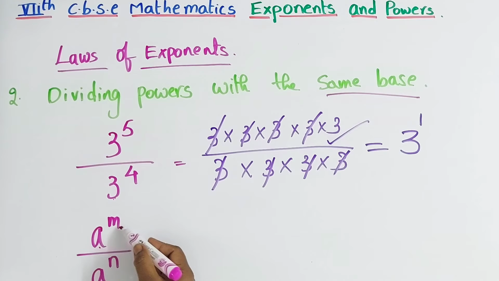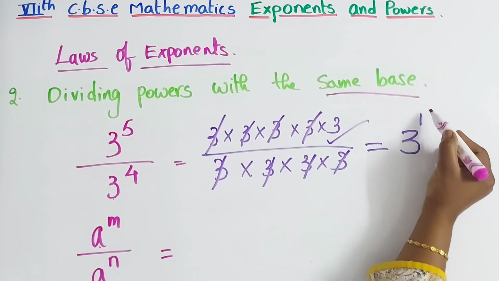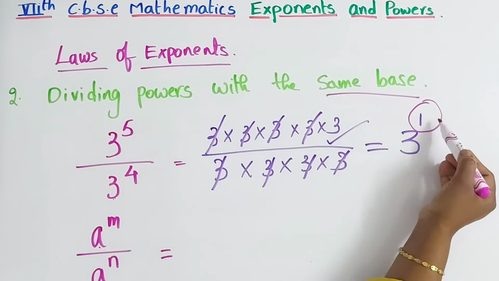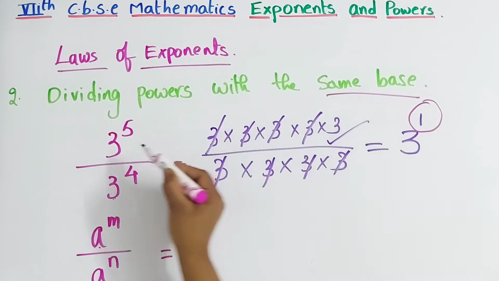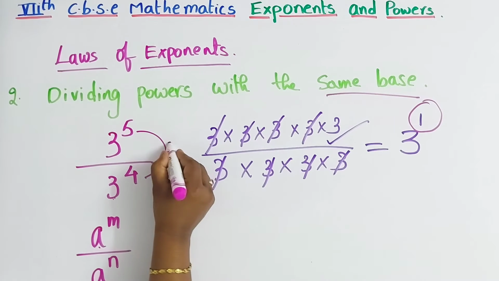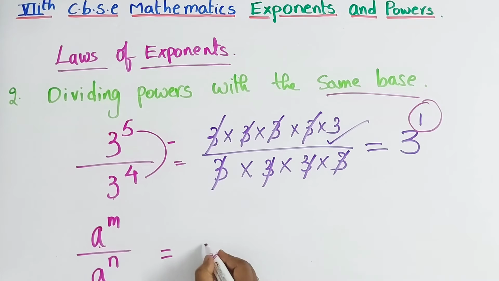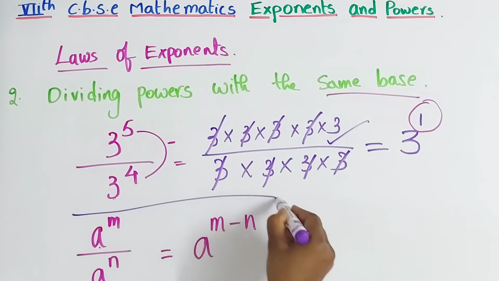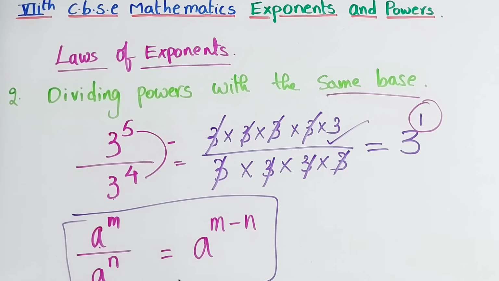So a raised to the power of m divided by a raised to the power of n equal to, here what happened to the exponent, children? 3 raised to the power of 1 we got. 1 means 5 minus 4 is 1. Right, children? Here we did subtraction. So the answer is a raised to the power of m minus n. Right? So a power m divided by a power n equal to a power of m minus n. This is one law of exponent, children.